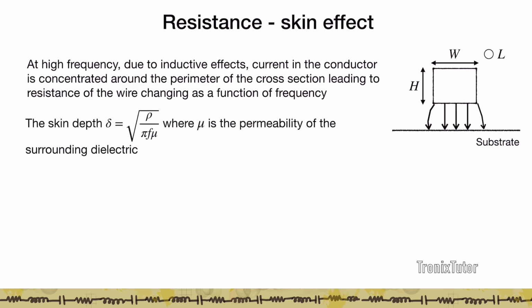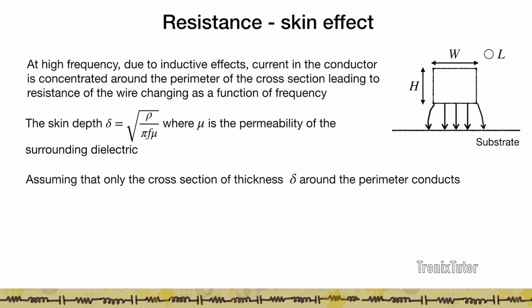Now this effect is known as the skin effect, and it's associated with the skin depth. The skin depth is related to the resistivity of the wire, the permeability of the dielectric, and the frequency of operation of the particular signal.